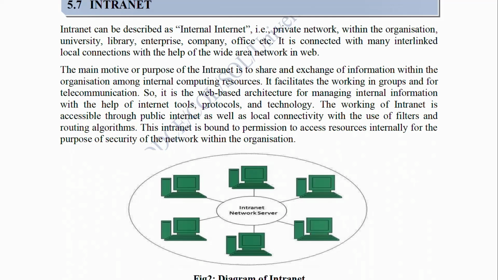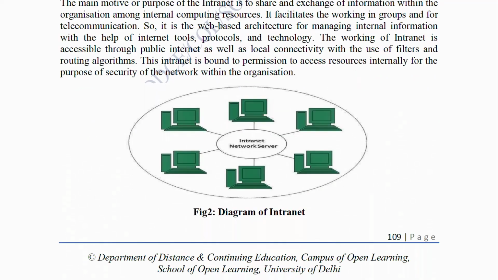So, it is the web-based architecture for managing internal information with the help of internet tools, protocols and technology. The working of Intranet is accessible through public internet as well as local connectivity. With the use of filters and routing algorithms, this intranet is bound by permission to access resources internally for the purpose of security of the network within the organization. Figure 2 represents the diagram of intranet.